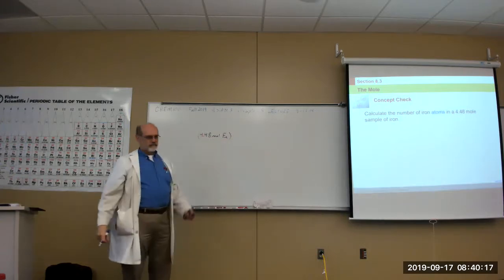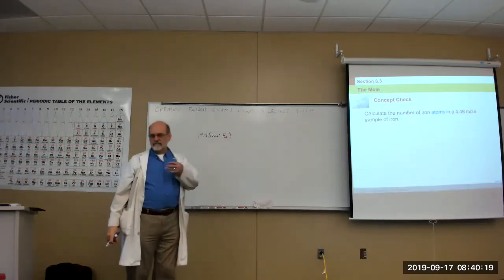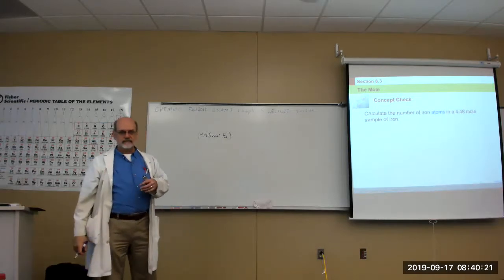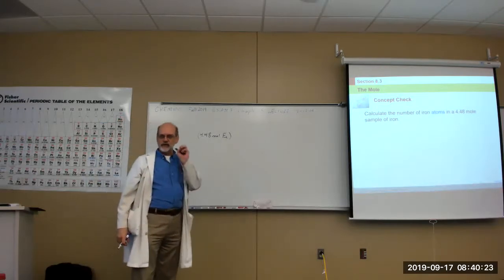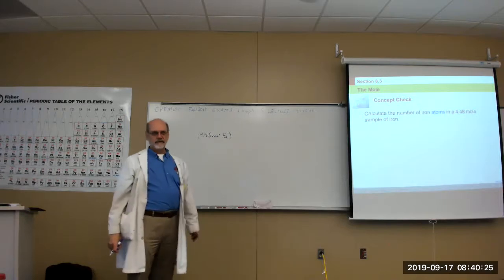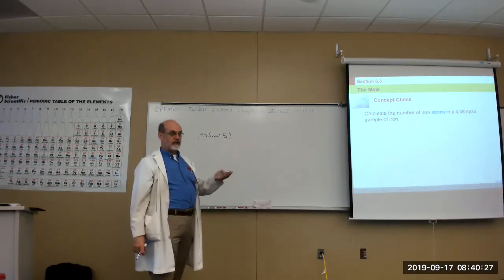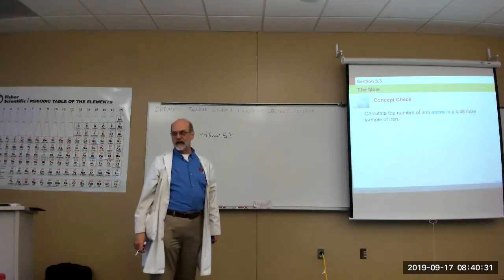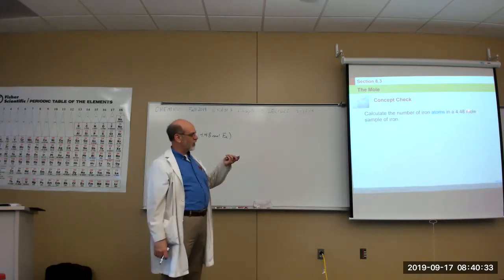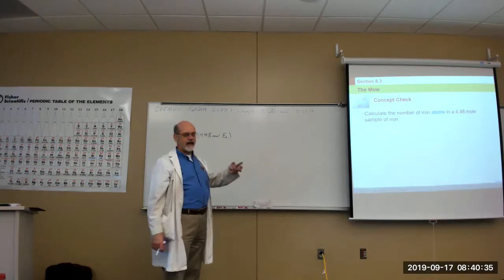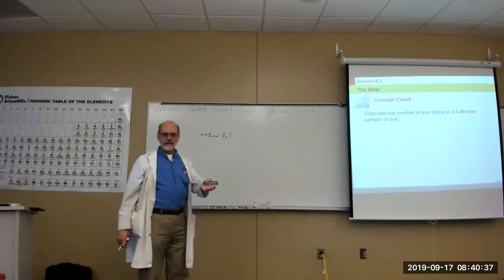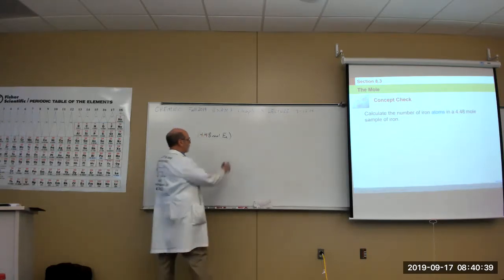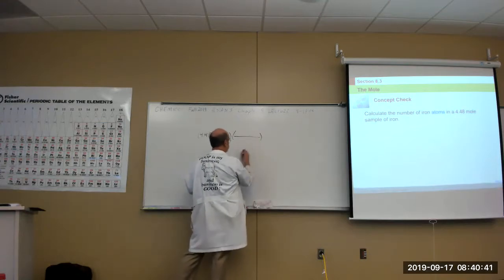Now, word problems, they're notorious for blowing blue smoke in your face. You have to pick out the information you need. Does it matter that it's iron? No, because we're talking about moles. And it just says how many atoms are represented by that many moles. The conversion factor is the same whether it's iron or not.